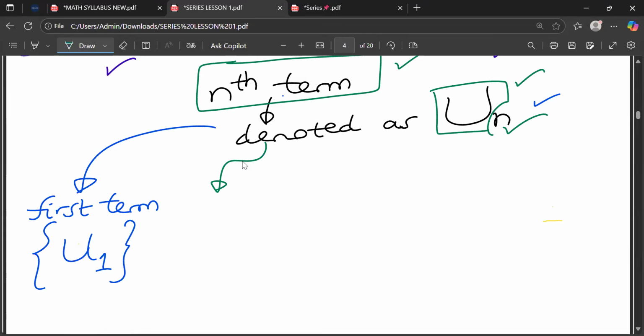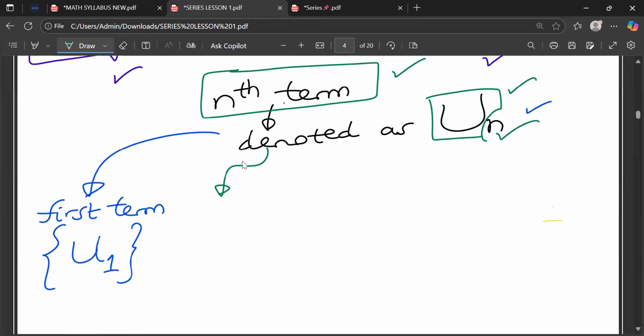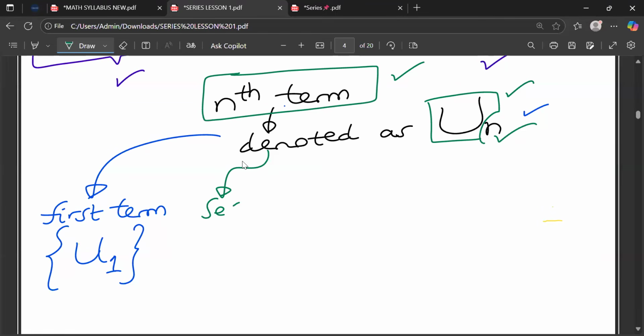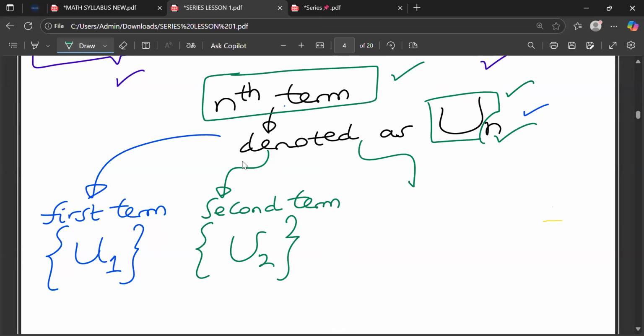Then for second term, it is the capital U, then the 2, then third term, U3, like that.